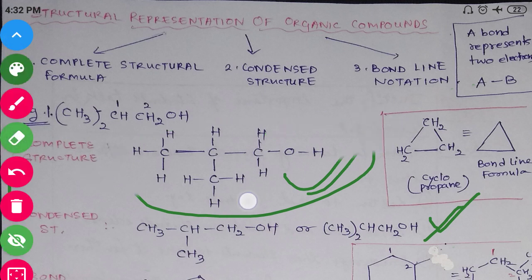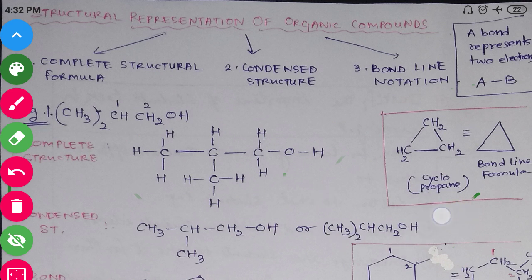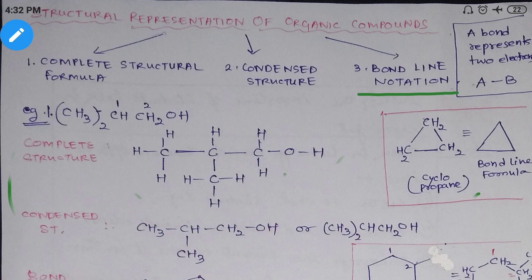So the third one is the bond line notation. This is somewhat tricky, but it is also a short way of representing organic compounds.